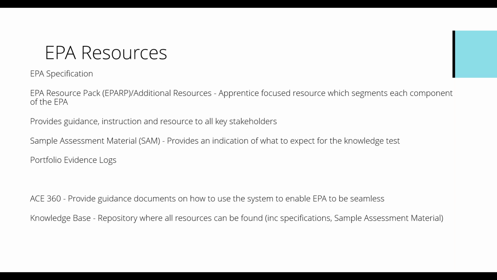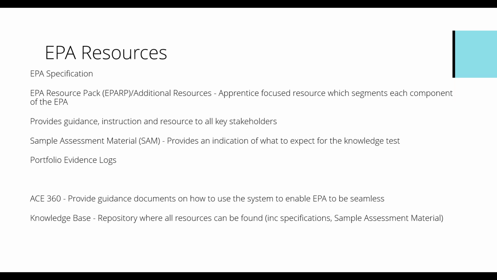When we look at the resources for digital marketeer, the specification that we work towards currently, we have an EPA Resource Pack. We also have additional resources which are apprentice focused, against each component of the EPA. And the core aim is to provide guidance, instruction and resource to all key stakeholders.